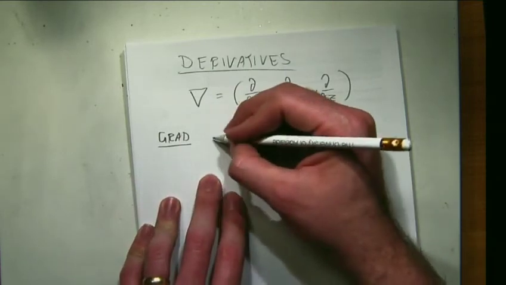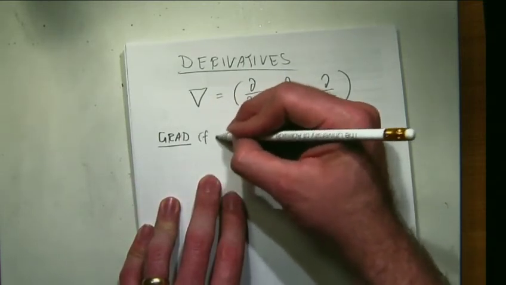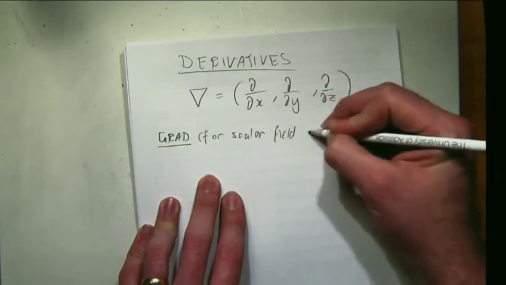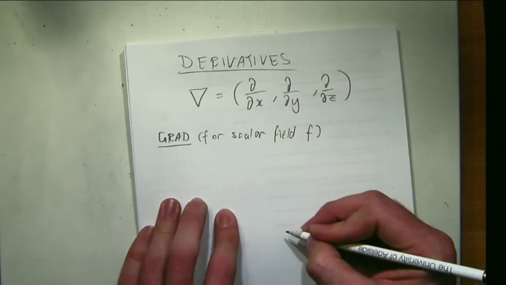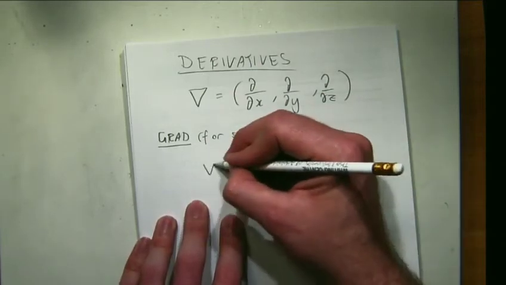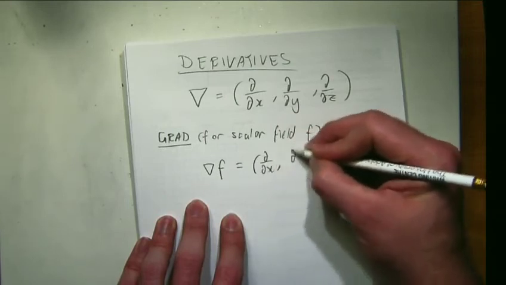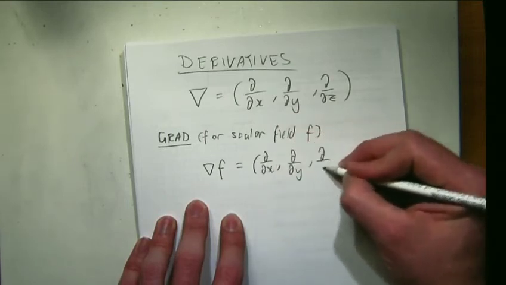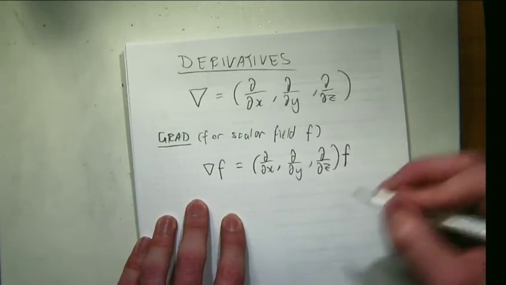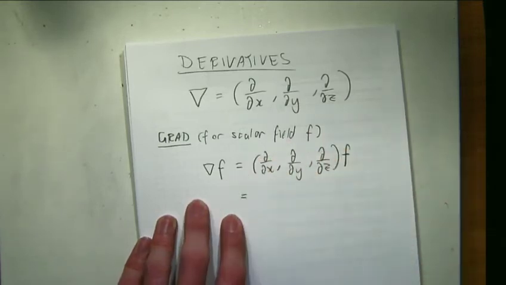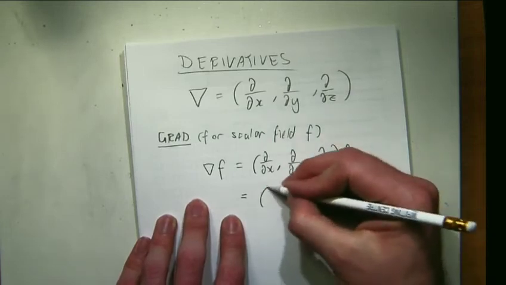So grad was applied to the scalar field f, and it went grad f, and then you just bring the f inside each one of them. That's how the notation works.